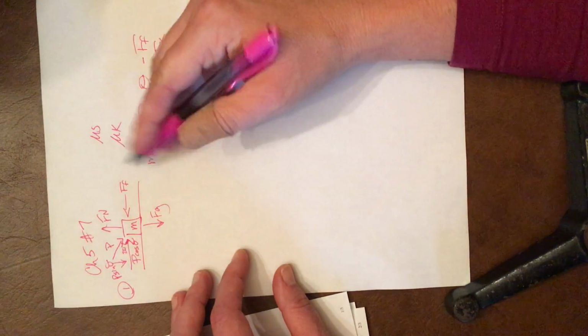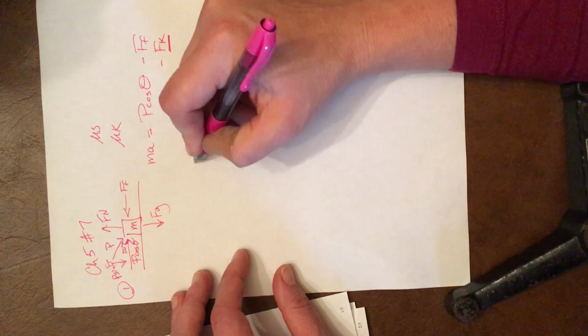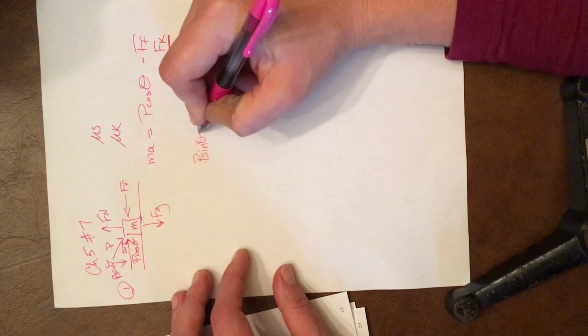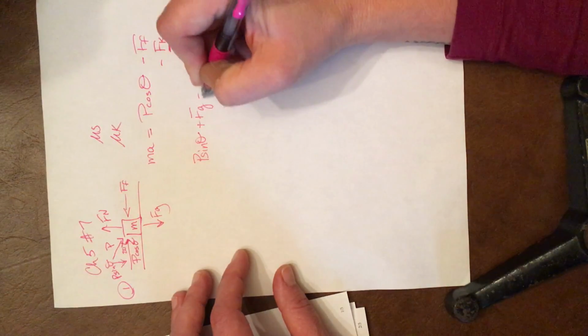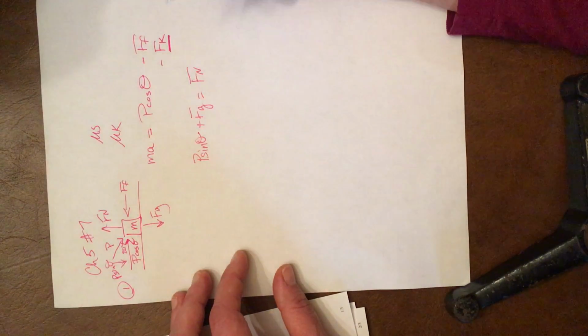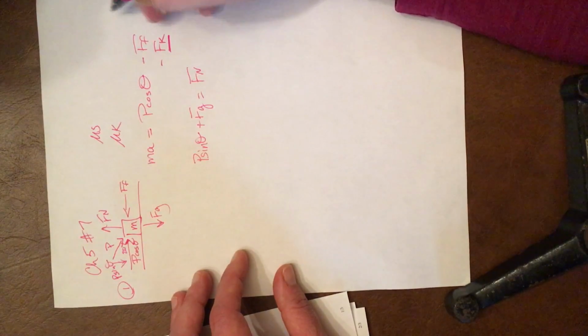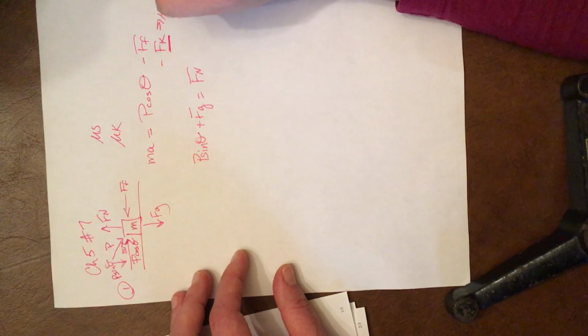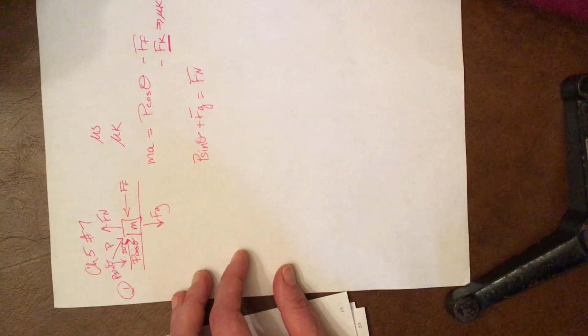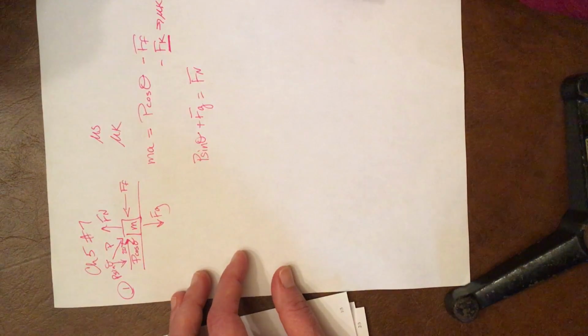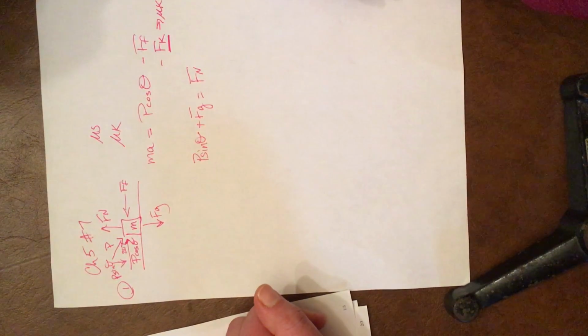Okay, so just remember in the up-down situation, you've got P sine theta plus Fg equals your normal force. Okay, so then you're going to, of course, when you do friction, that's going to be mu k times your normal force. Alrighty, be careful on your math. Watch the rounding. You're going out to the third decimal place.